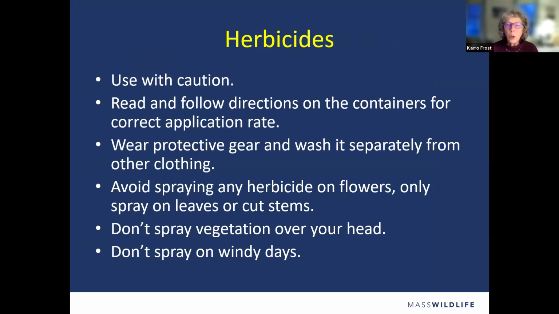My organization uses a lot of herbicides to help control invasive plants on our properties, the MassWildlife properties.